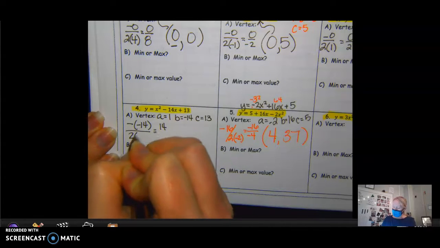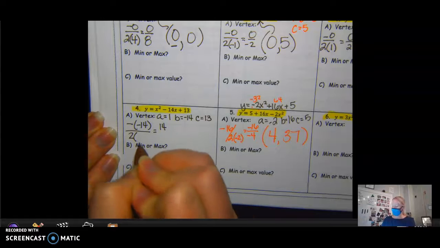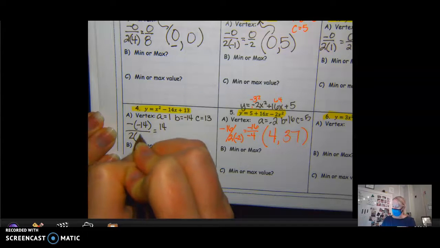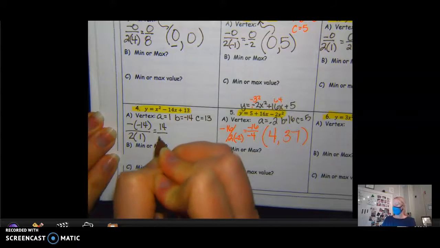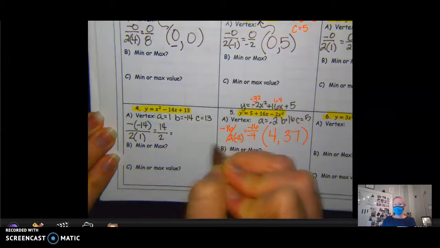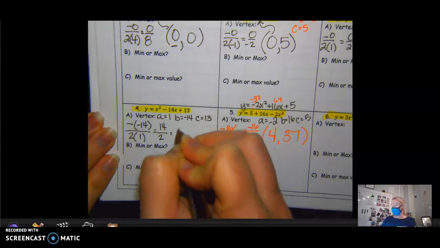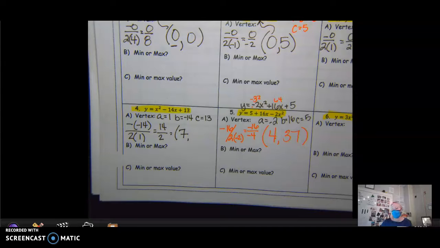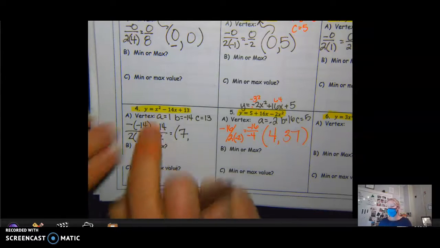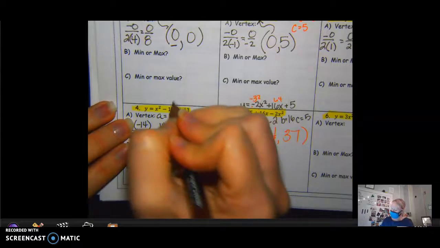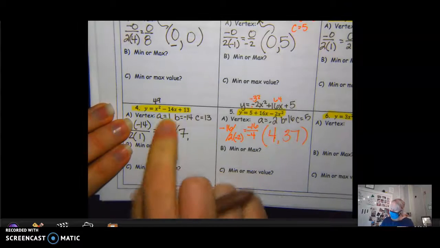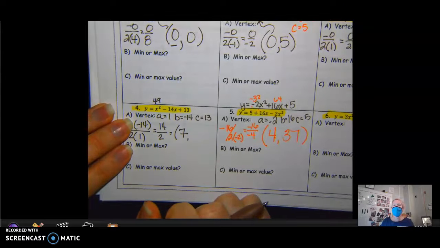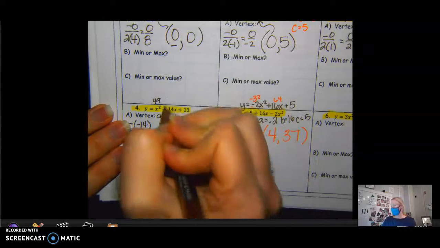All that over 2 times, how much? 1, good. What is 2 times 1? So what's 14 divided by 2? So that's a positive 7. If you plugged in a negative 7 in for x to find y, it's going to give you the wrong answer. What is 7 squared? 49. What's 14 times 7? 98.